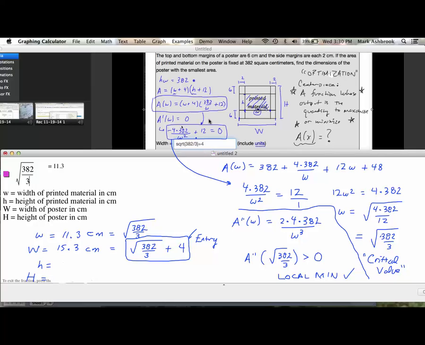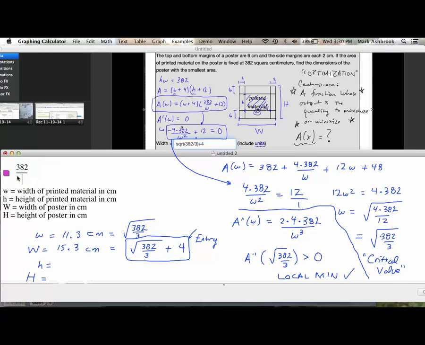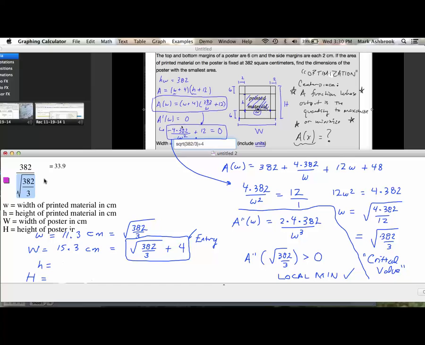Little h can come from this relationship here. If we know little w, little h is determined. So it's going to be 382 divided by little w. Here's little w, so I'll cut, do 382 divided by paste, and so we get a little h value of 33.9.